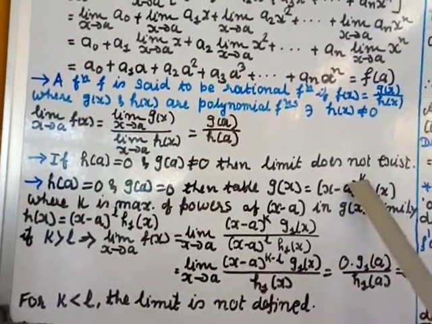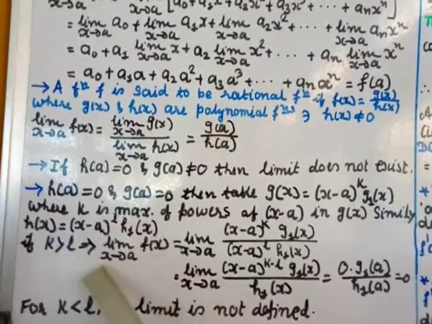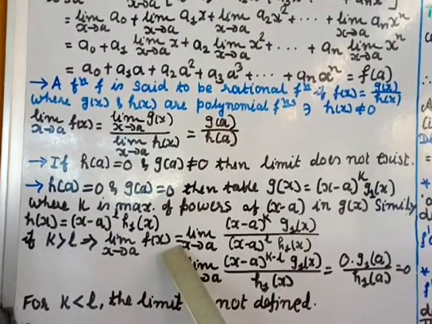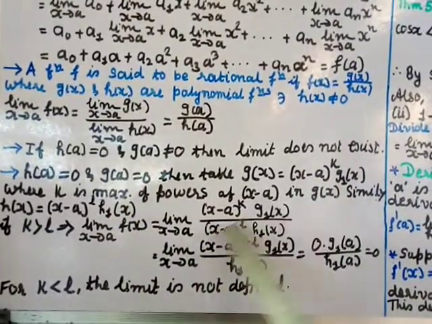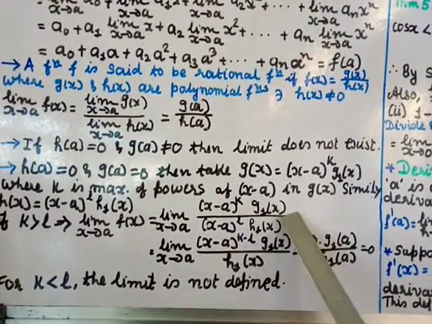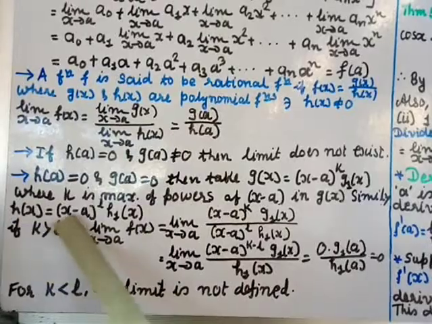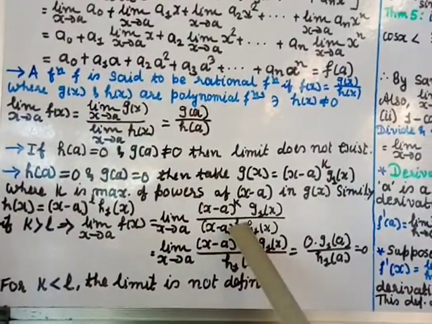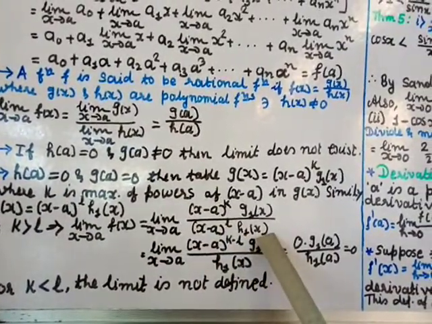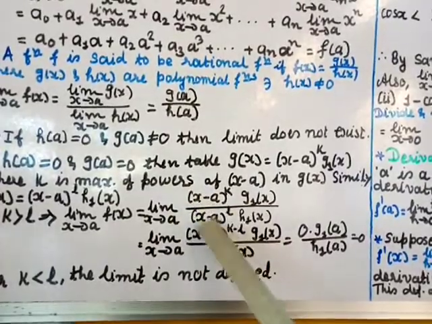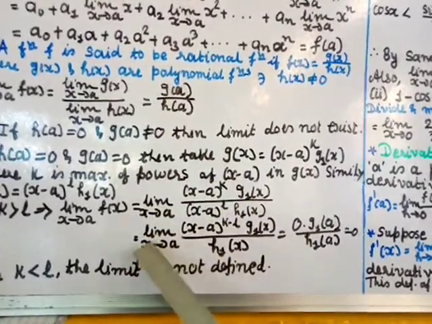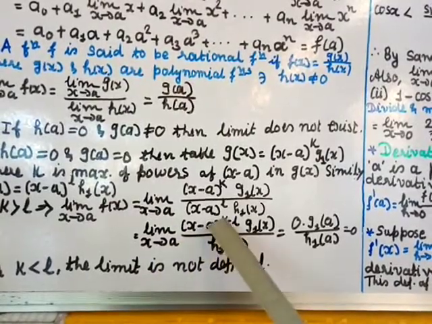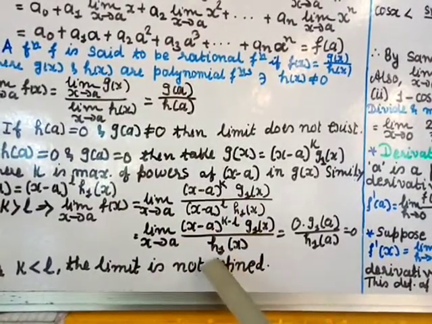Then limit x tends to a f(x) equals limit x tends to a of (x minus a) power k g1(x) over (x minus a) power l h1(x). Now the base is the same, so you can combine the powers, and since k is greater than l, you can write limit x tends to a (x minus a) power (k minus l) g1(x) by h1(x).